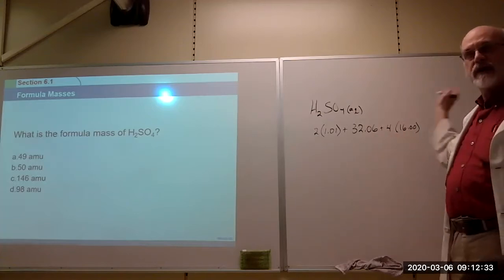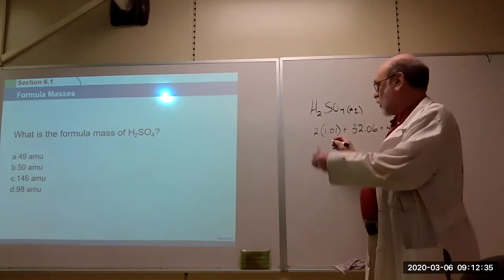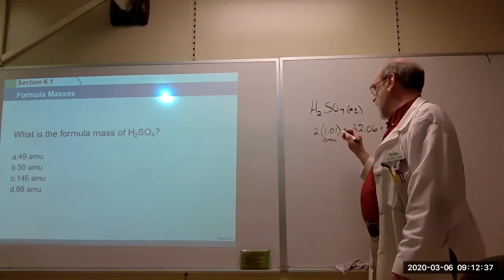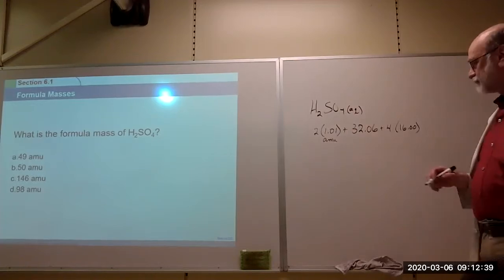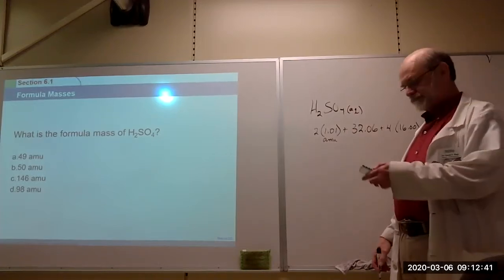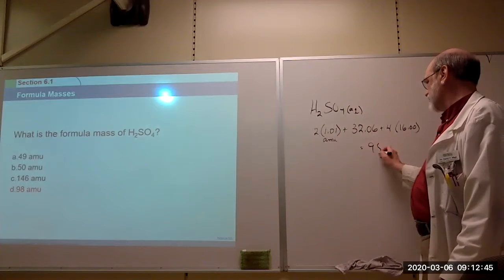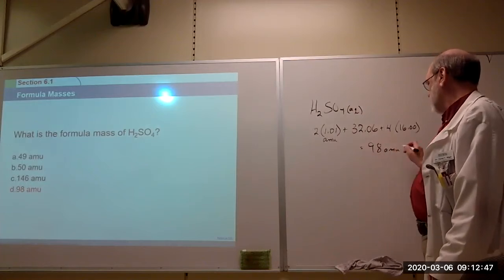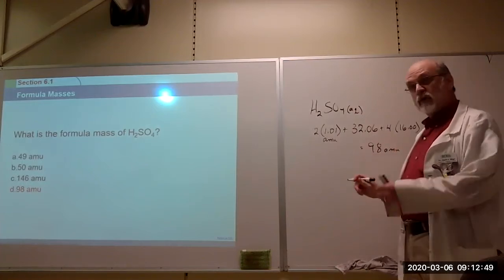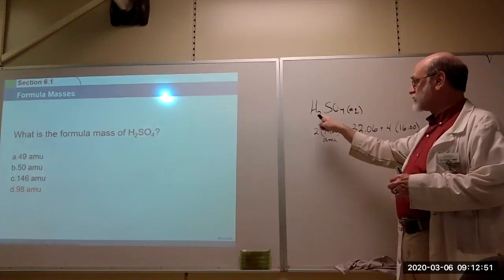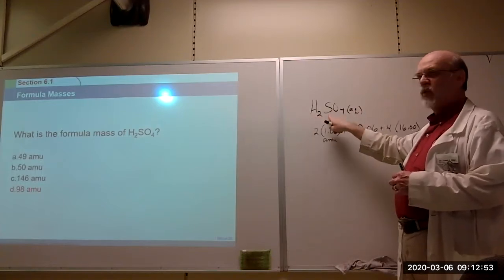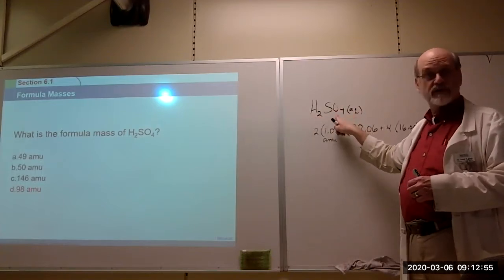Okay, just add them all together, and these are, at this point, atomic mass units. So just add those all together, and you get 98 atomic mass units, when we're considering this formula in terms of 2 atoms of hydrogen, 1 atom of sulfur, and 4 atoms of oxygen.